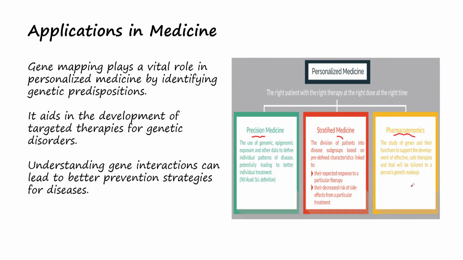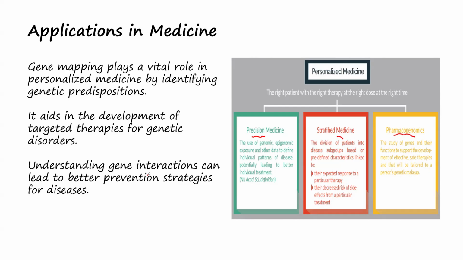So in pharmacogenomics, you use genomic data as well as the functions of the genome to develop a particular treatment and therapies for a specific individual based on the data generated. So it aids in the development of targeted therapies for genetic disorders. Understanding gene interaction can lead to better prevention strategies for disease.